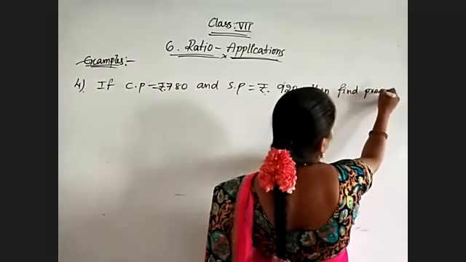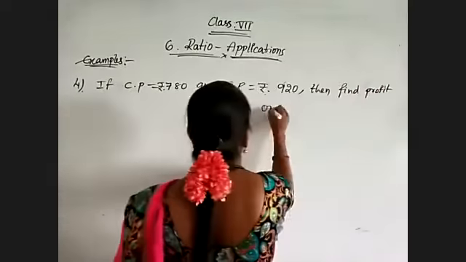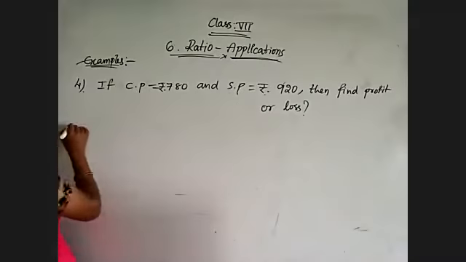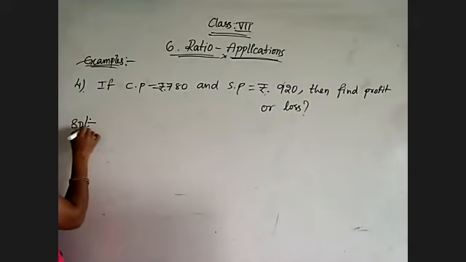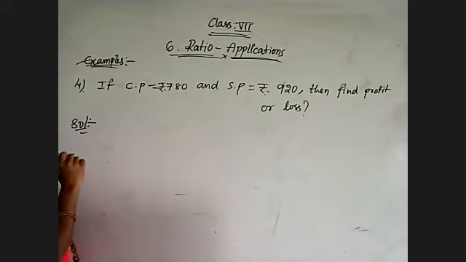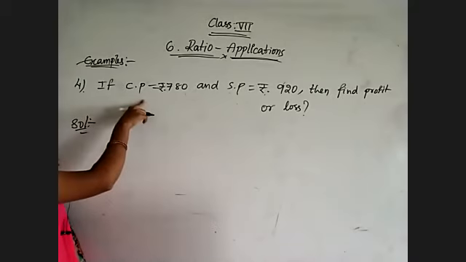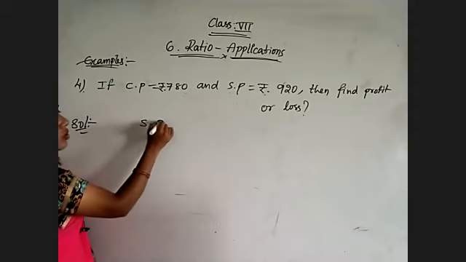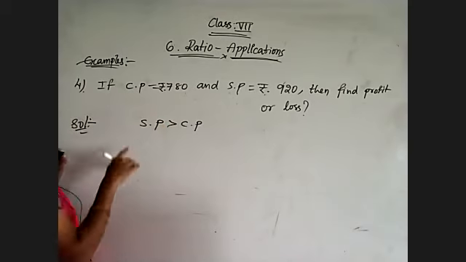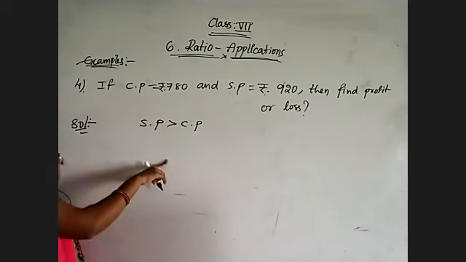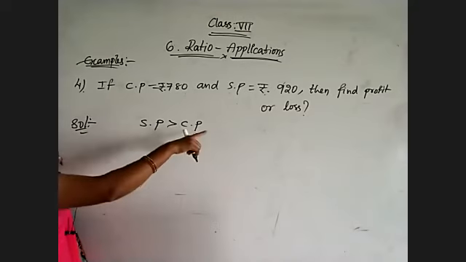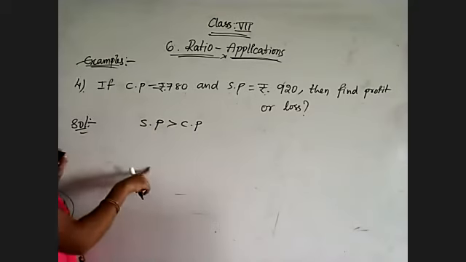This is a very simple, direct question. Here they only mention the values, so just observe the given values. CP is 780 rupees and SP is 920. So SP is more than CP, which means he is getting profit. We need to decide which one he is getting, either profit or loss. Because SP is more than CP, he is getting a profit.